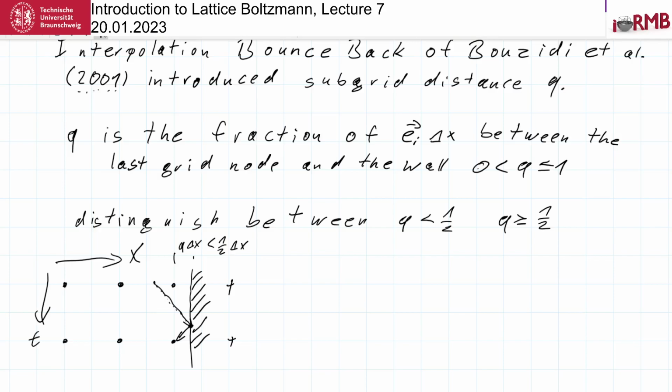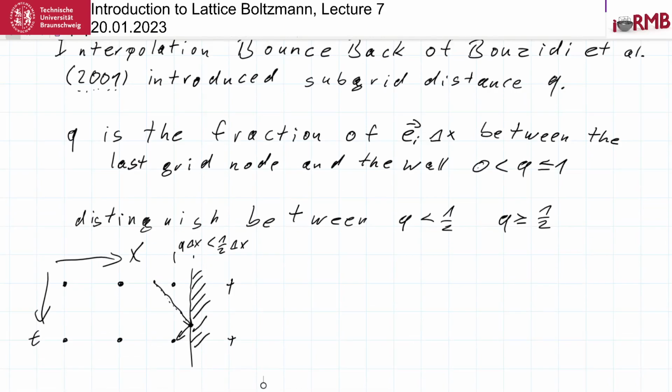So if this here is q, then this length here is actually delta x minus 2 delta x q, because the entire length of this path is 1 delta x, and it goes q to the wall, and it goes q back.